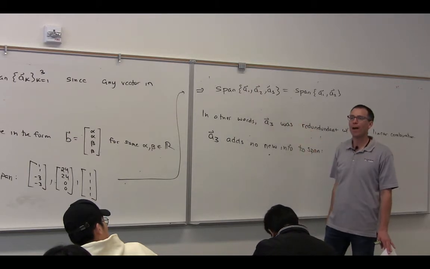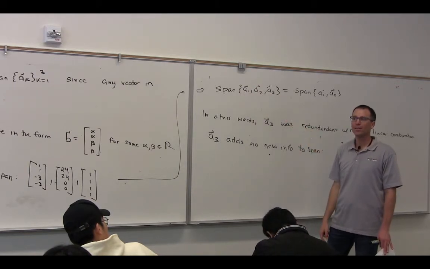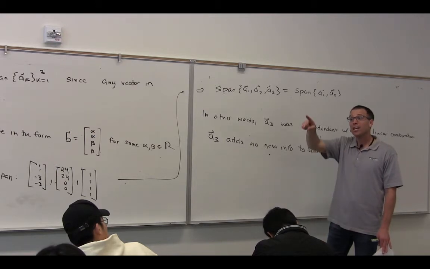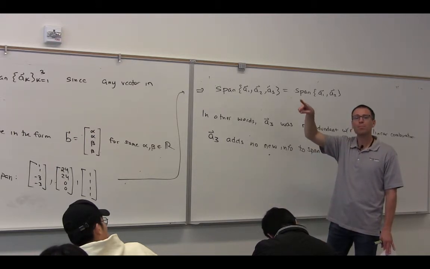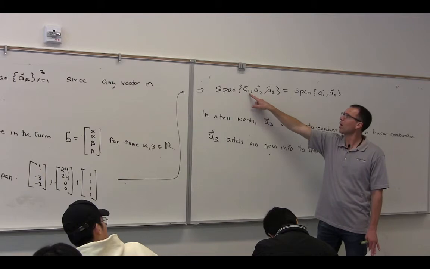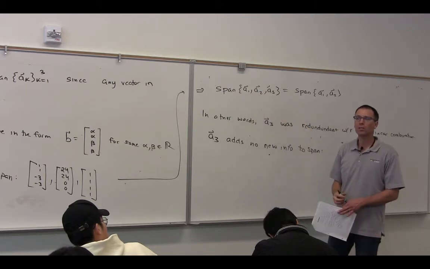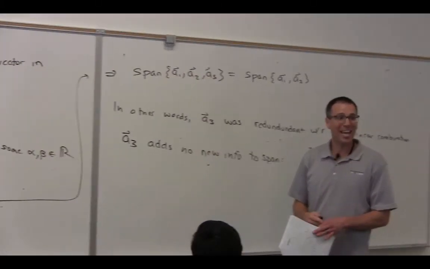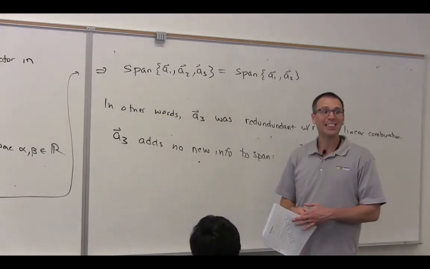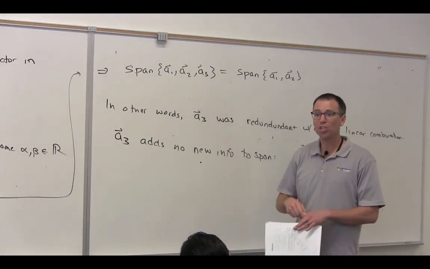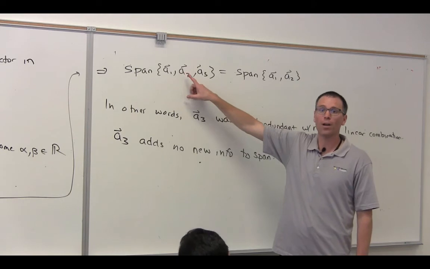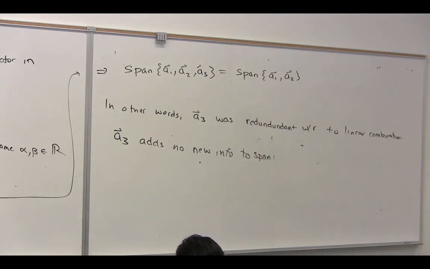What does that mean about that particular vector A3? It's not needed from the standpoint of the span, but what does it mean from the standpoint of linear combinations and these two vectors? A3 is a linear combination of A1 and A2. It depends linearly on those vectors.